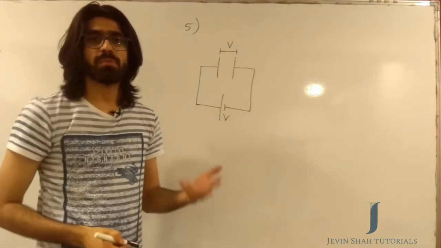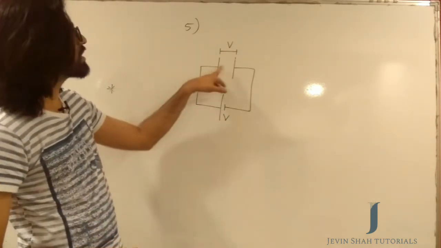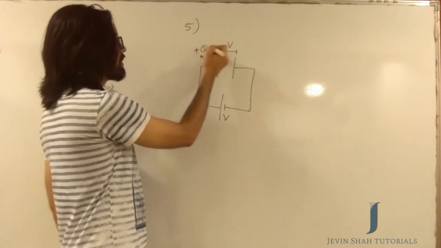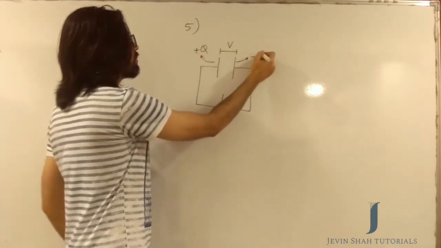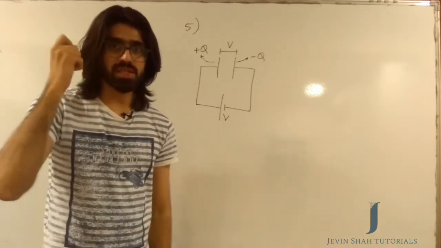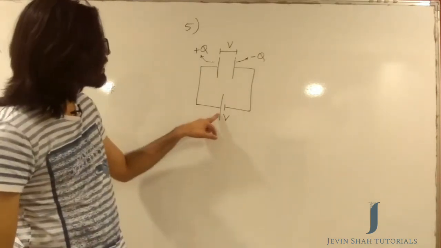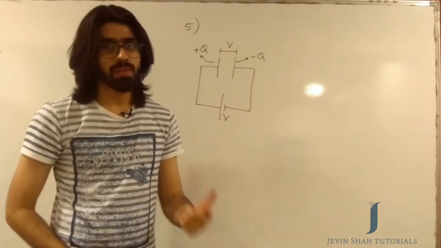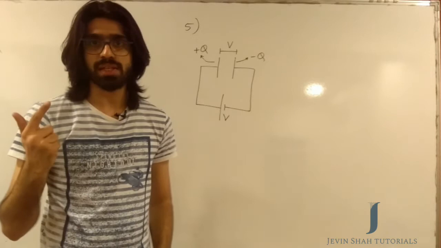It will do that by developing charges on the plates of the capacitor. So if the charge on this plate would be plus Q, the charge on this plate would be minus Q. The question is, how much time does it take for the battery to generate this potential difference on the plates of the capacitor? The answer is instantaneous.